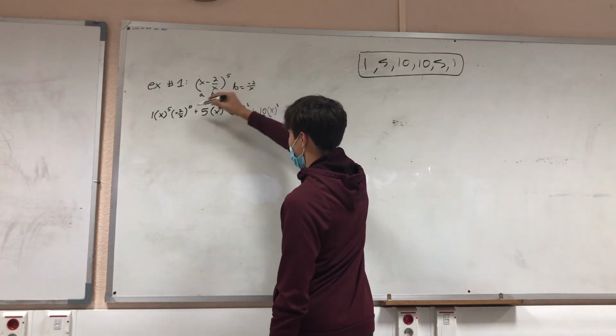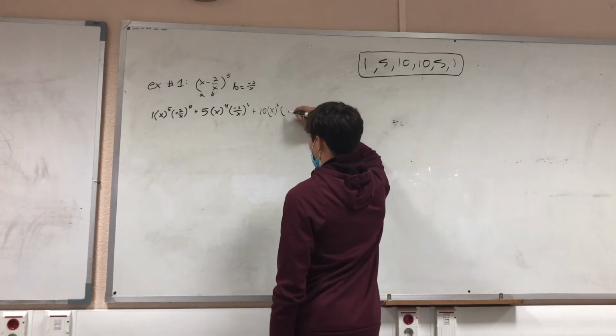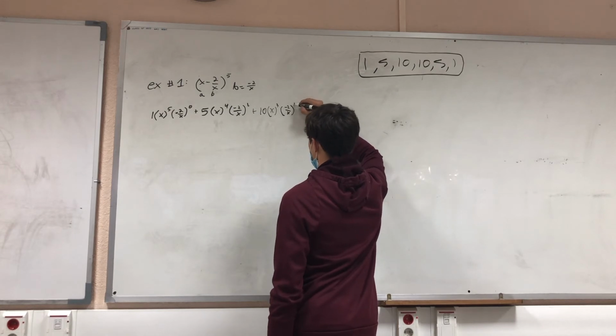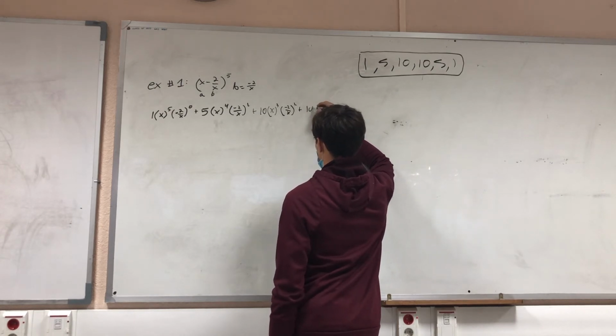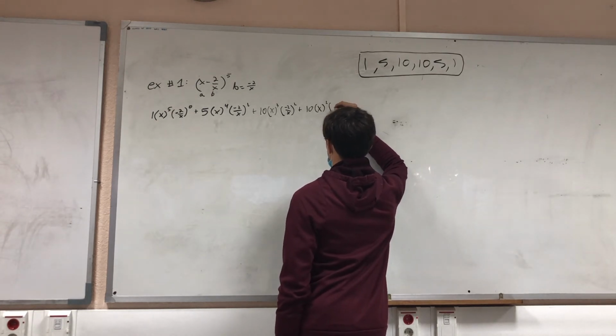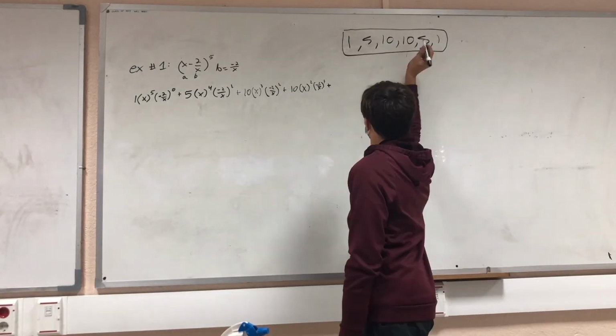Because these are decreasing by 1. The A terms are decreasing by 1, B terms are going up by 1. We have negative 2 over x squared plus 10 times x squared times negative 2 over x cubed. Okay? So far, so good. Plus, next coefficient 5.